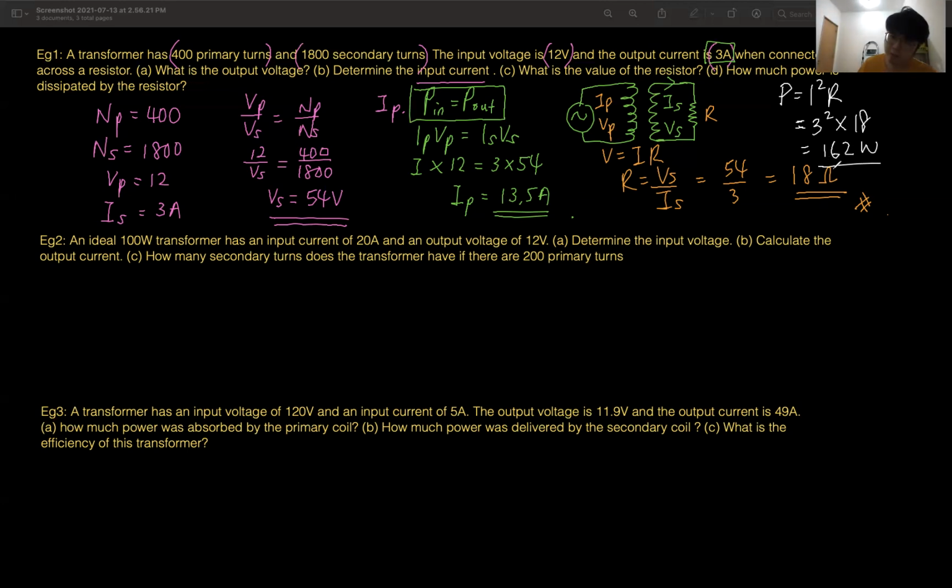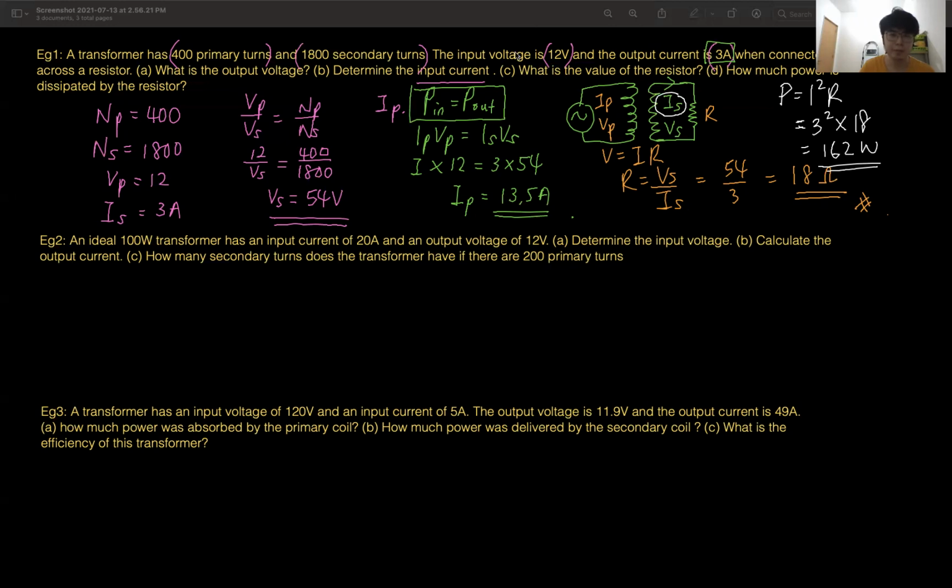This power is dissipated in the resistor, across the resistor. That's why for the current here, I use I secondary, not IP, not the primary coil current. That's example 1.